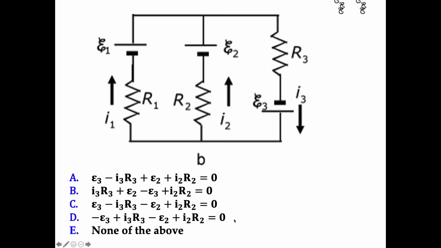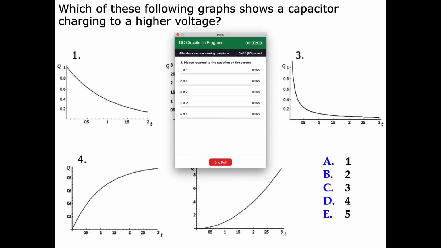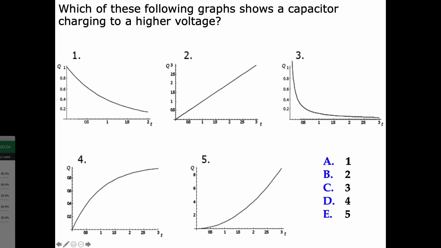You guys still there? Okay. All right, one more question. Hopefully this one should be quick. Could be wrong, but we'll see. I want you to see double. So you have graphs, and you want to know which one of the graphs represents a capacitor charging to a higher voltage.